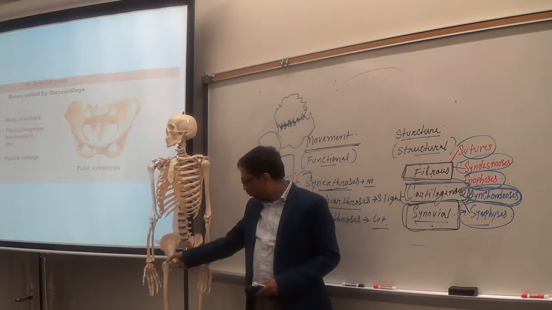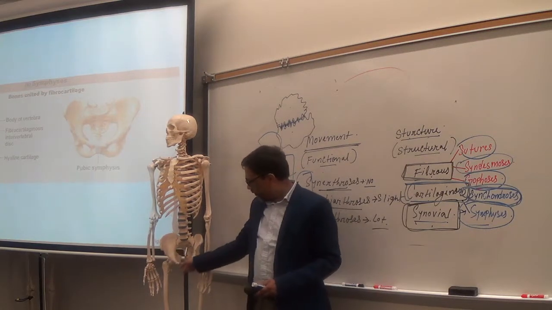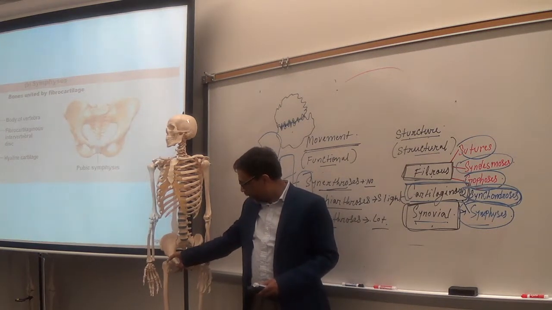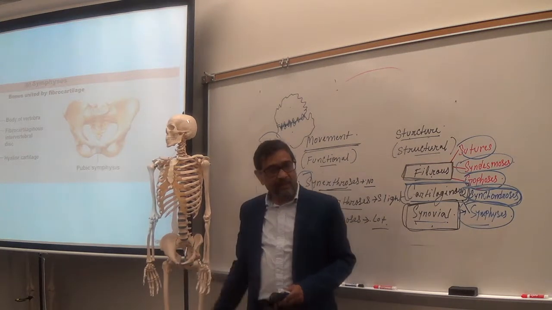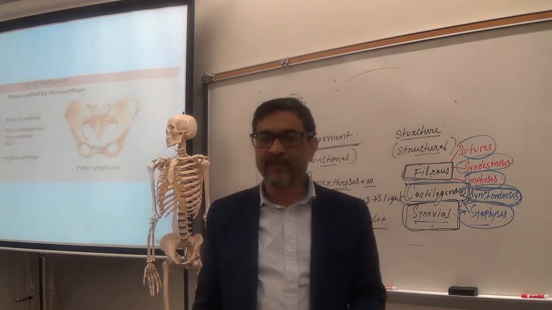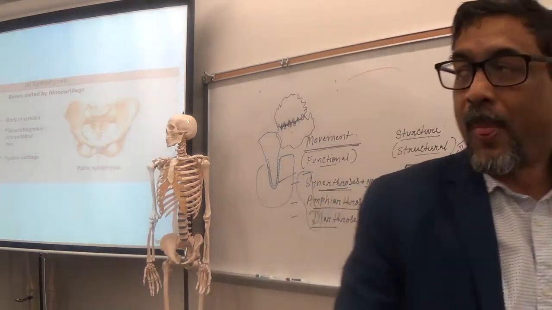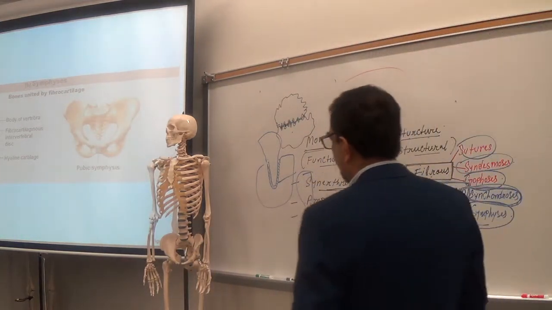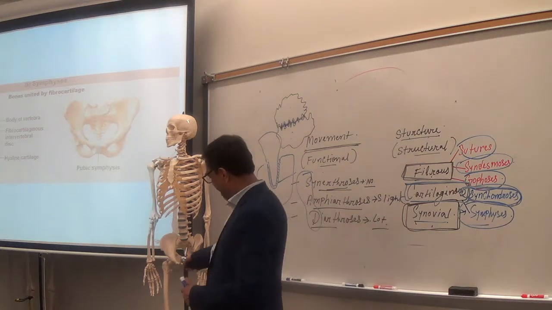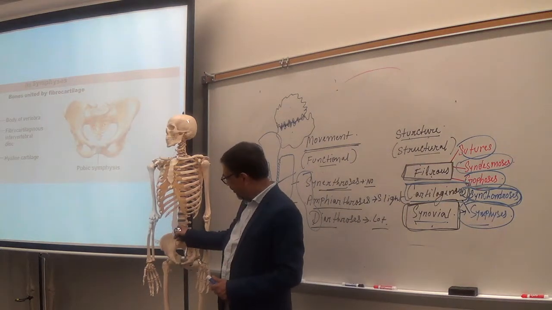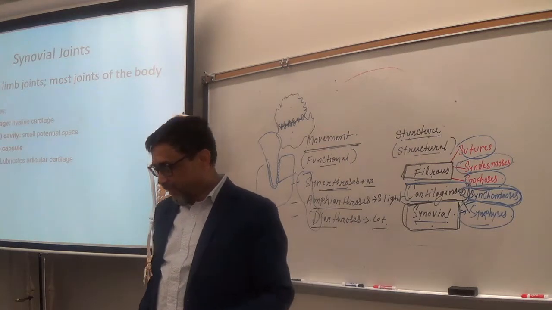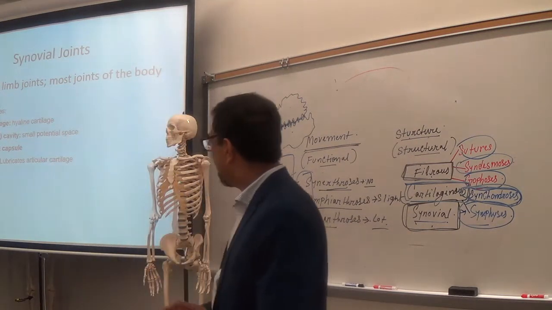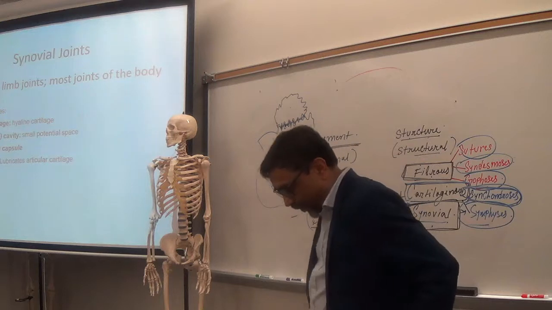Also this one, two hip bones are attached here anteriorly by this fibrocartilage. That's why this is another symphysis type joint. Make sense? So those are symphysis, pubic symphysis and intervertebral discs. So that's the classification of the joints.